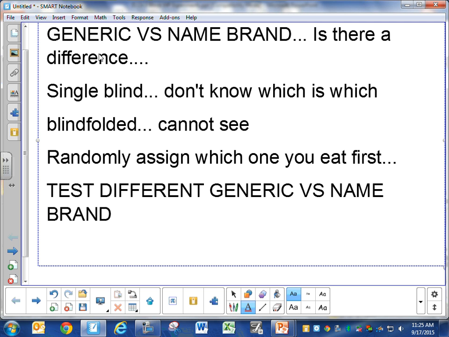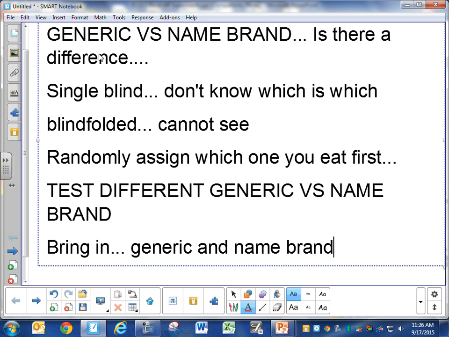So if you want to test something else besides Fruit Loops, you need to, on Monday, bring in a generic something and the name brand something. Now, we're not talking about things that are similar. We're talking about, you know, the Hill Country Fair shredded cheese versus the name brand shredded cheese. Like HEB brand versus name brand. So it's very common in cereals, but it also exists elsewhere.